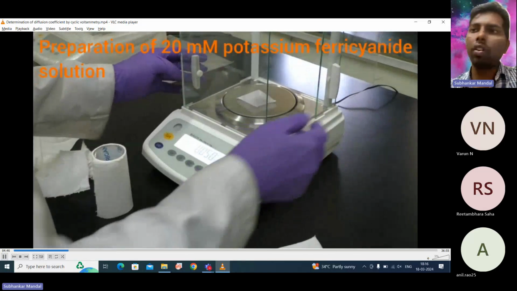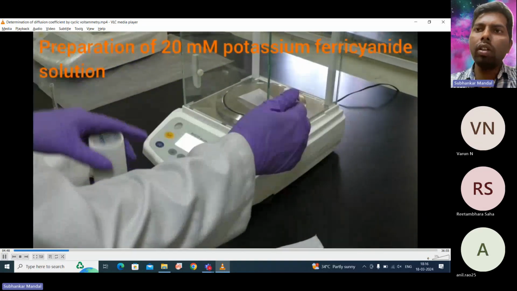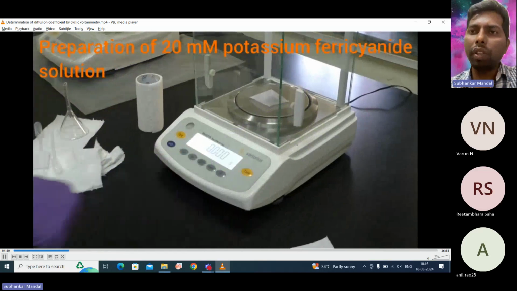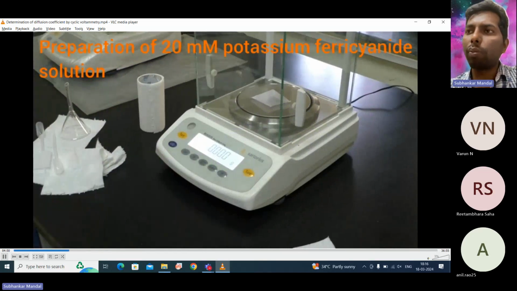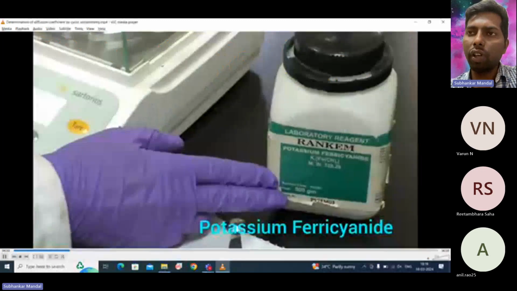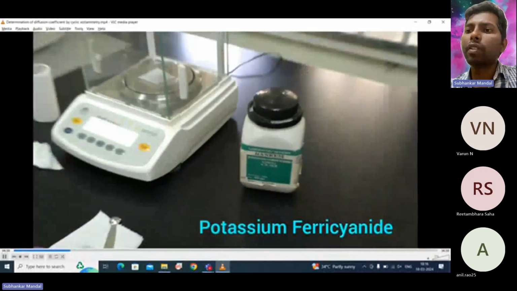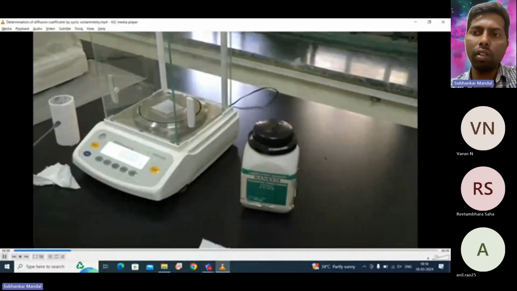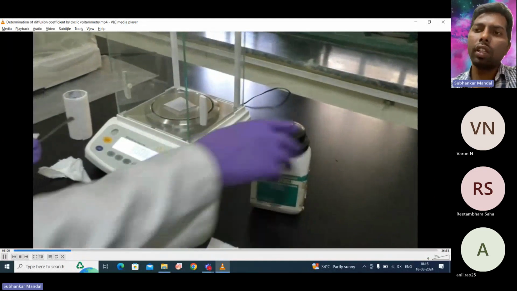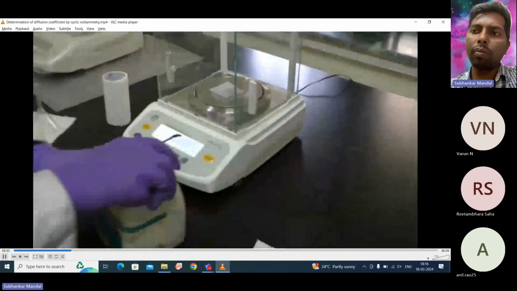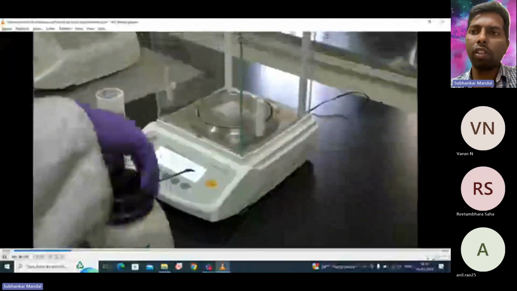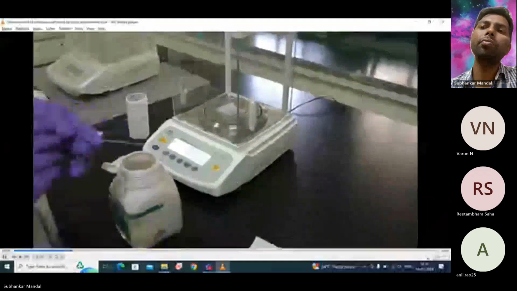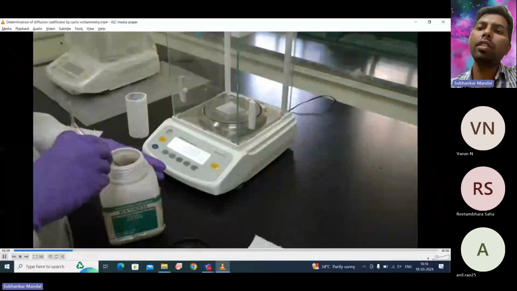After that we will prepare a 20 millimolar potassium ferricyanide solution, where iron is in the plus 3 oxidation state. This is a ferric ferrous solution, so you will get the iron plus 2 plus 3 redox couple.